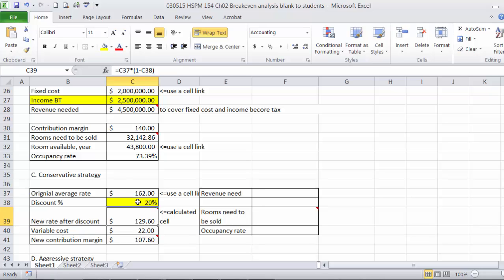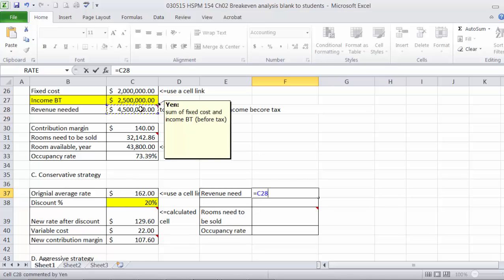Does this make sense? Okay, so if everything stays the same, what's the revenue needed? $4.5 million. So we use the link.